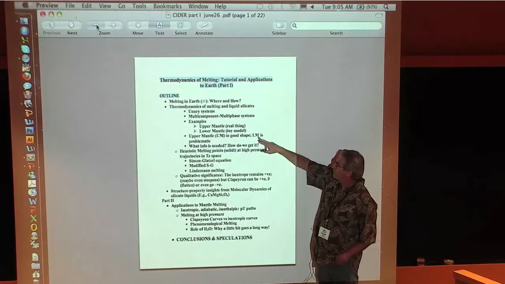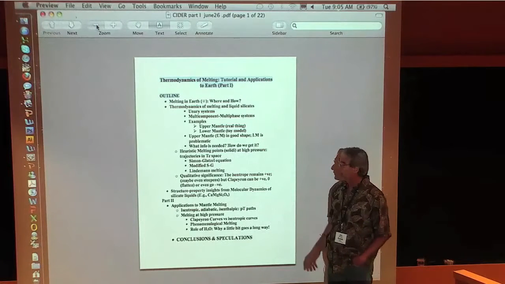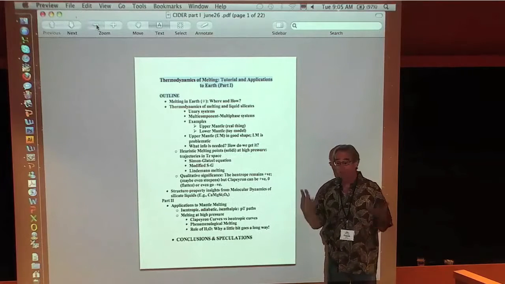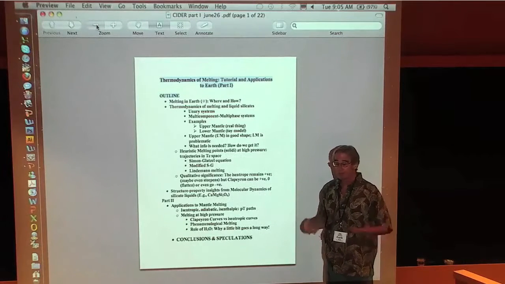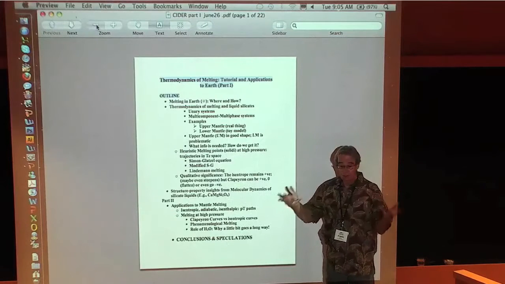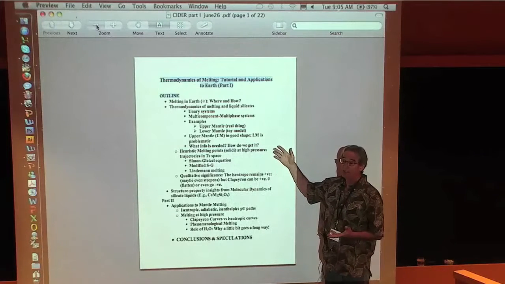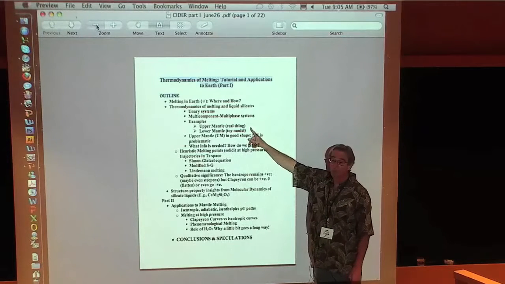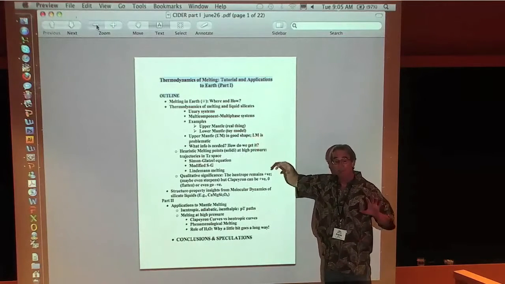And then the next question is, well, the lower mantle is still problematic as far as melting. What information do we need? How do we get that information? Because it's the people in this room, the postdocs and the graduate students, that are going to complete this agenda. It took us 100 years to be able to do this pretty well, starting actually 100 years ago.